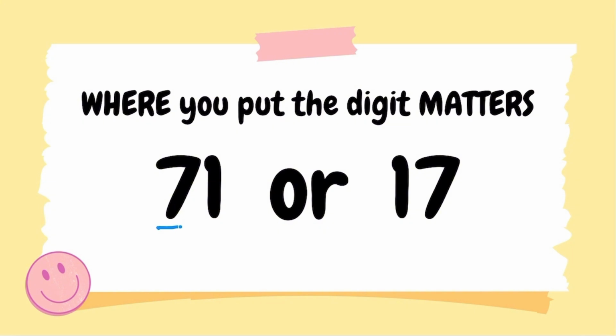So in both of these numbers, I have the digit 7 and I have the digit 1. Depending on where they're placed, in these numbers, we have a tens place and a ones place. You can see that since we need to pay attention to the place, one of these is bigger.